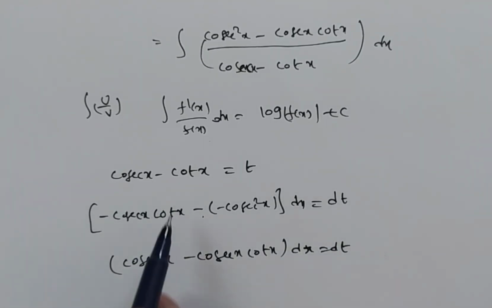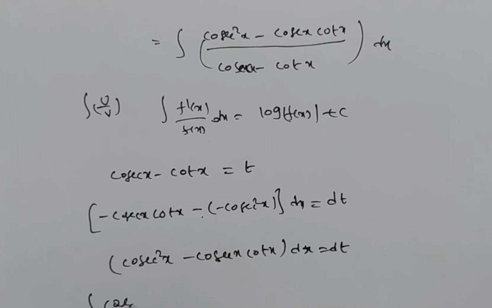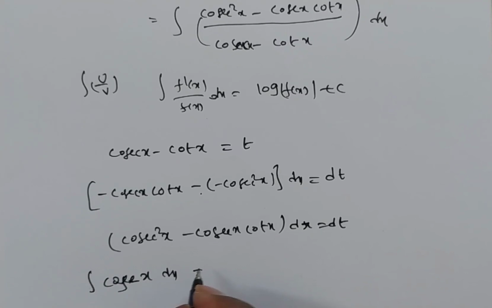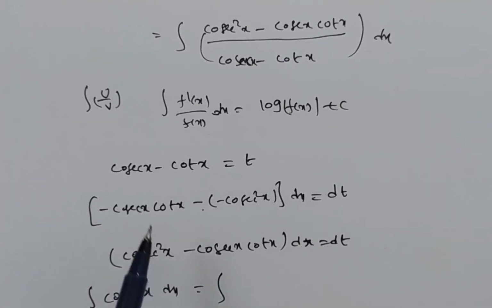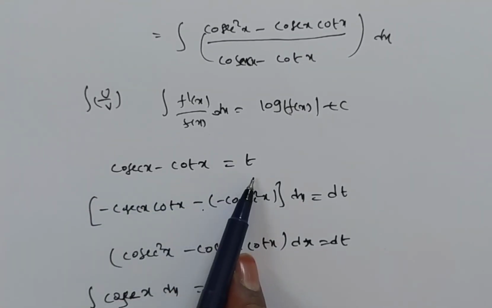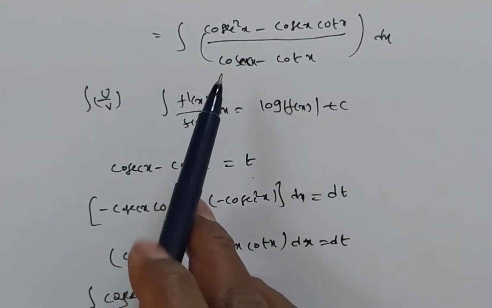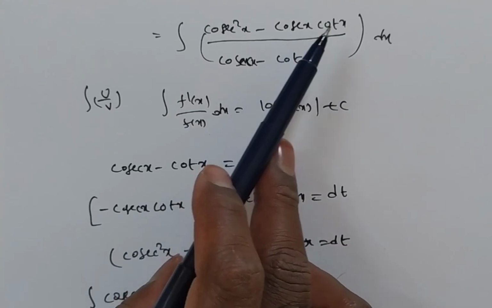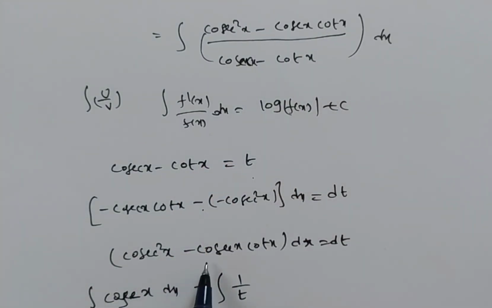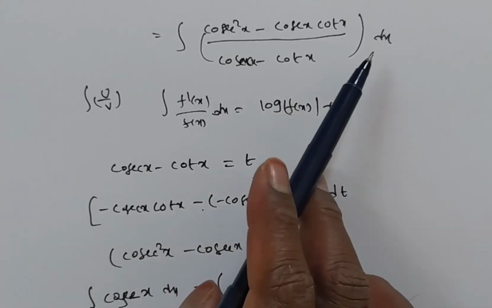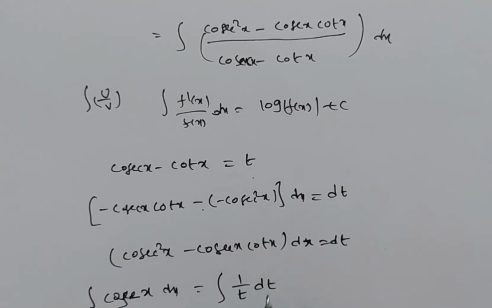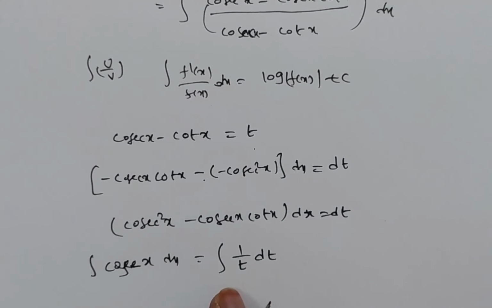Now substitute these two values in the above equation. Then you will have integral of cosecant x dx is equal to integral of, you see cosecant x minus cot x, what you consider t, so that is in denominator. So write down 1 by t. Next cosecant square x minus cosecant x into cot x dx, what you consider dt. So this is dt. Now you observe the denominator derivative, t derivative in the numerator.